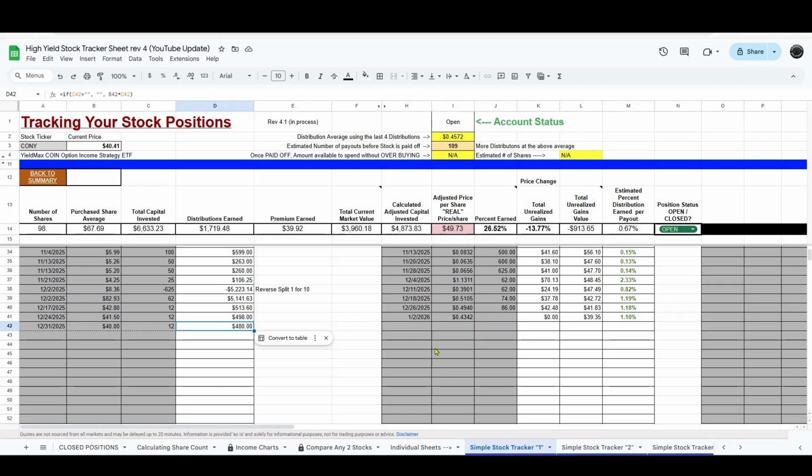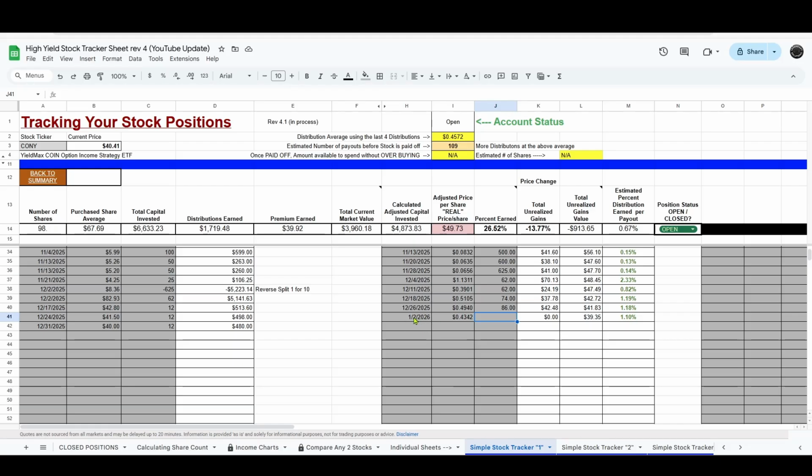But we also got a distribution on Coney, and I've already entered in that distribution amount of 0.43 cents per share. And how many shares do I have? Well, it shows I have 98 shares, but is this distribution eligible for all 98 shares? Well, that's the reason I enter in the X date here, because that tells me I must own those shares before this date.